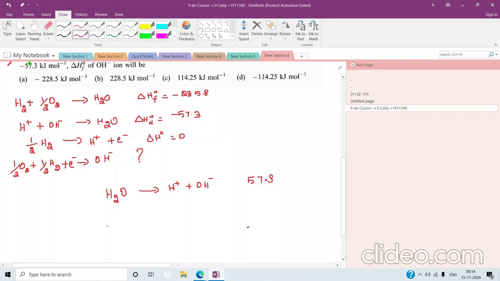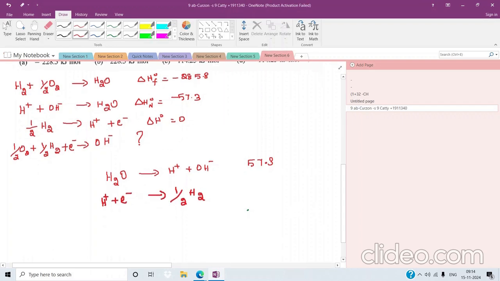So I am going to take that equation and reverse it: H plus and one electron gives half H2. So the second equation also I have selected. So the H plus problem is solved, and the electron has also been added on the left hand side, right? And then I have to remove H2O on the left hand side.